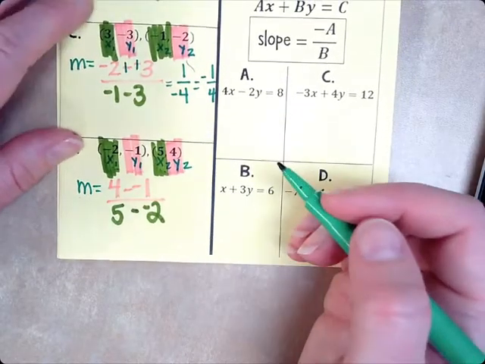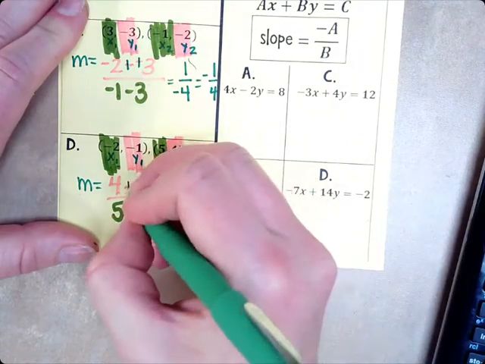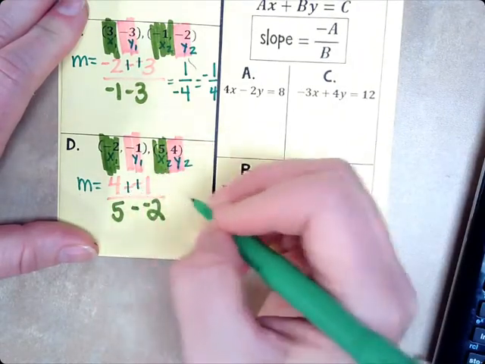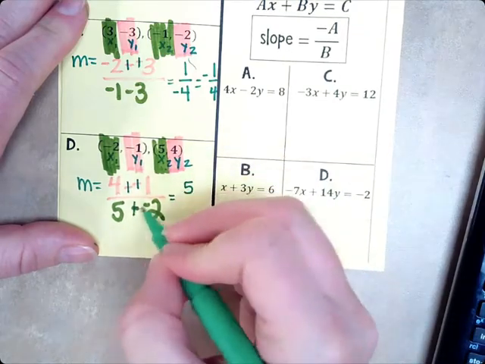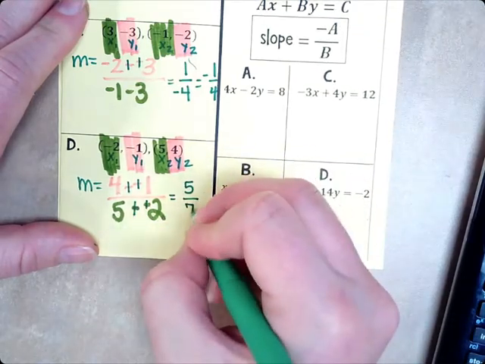You can do keep, change, change. You can put it in the calculator. That becomes 4 plus 1, which is 5. Keep, change, change again. 5 plus 2 is 7.